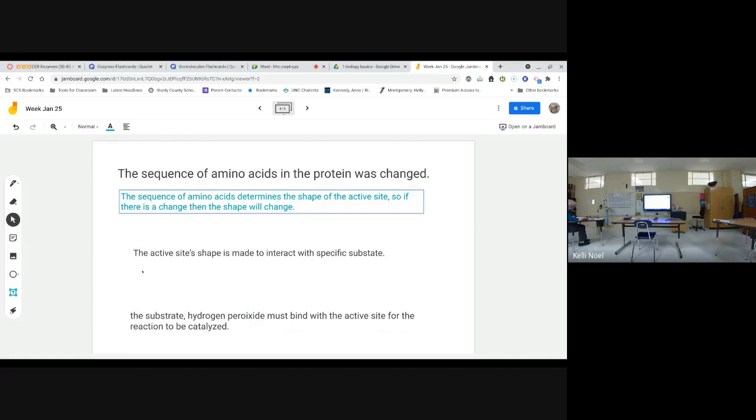All right. And so now we know that the active site's shape is made to interact with a specific substrate. We can say, since the active site is a different shape, it will not be able to interact with the substrate.